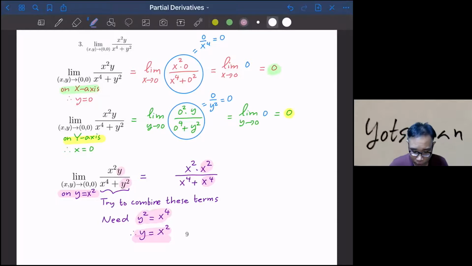Then you see that this limit turns out to be the limit as x goes to 0 of x squared times x squared over x to the fourth plus x to the fourth.